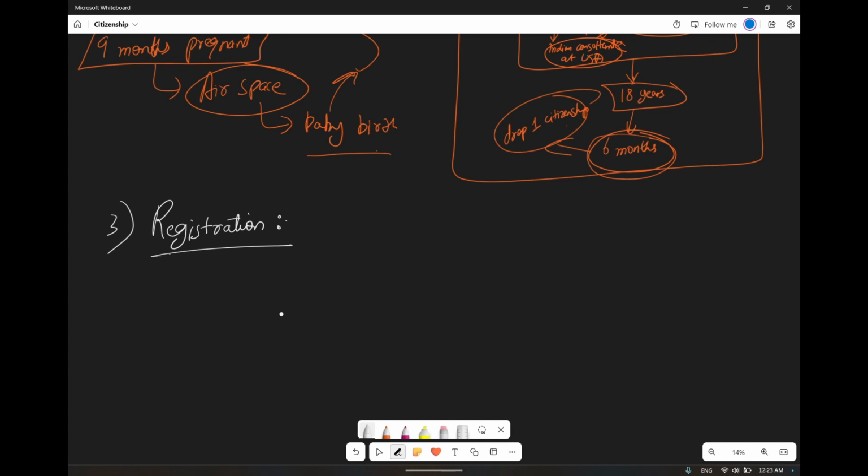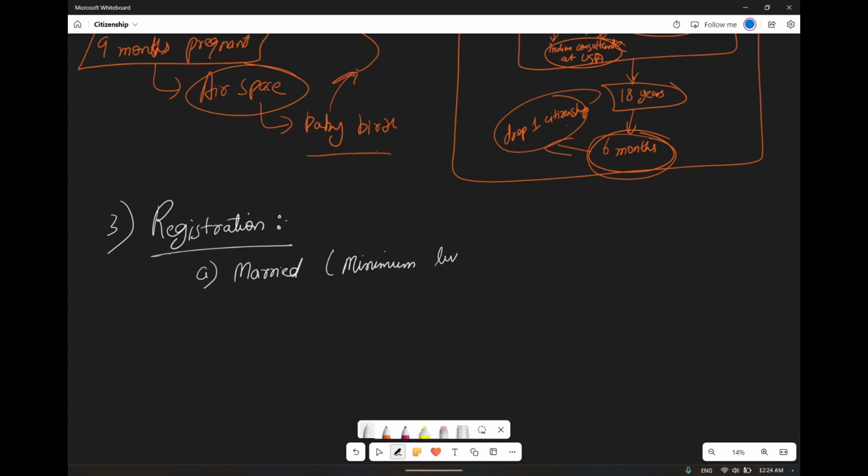A person who is married to a citizen of India can apply for Indian citizenship.